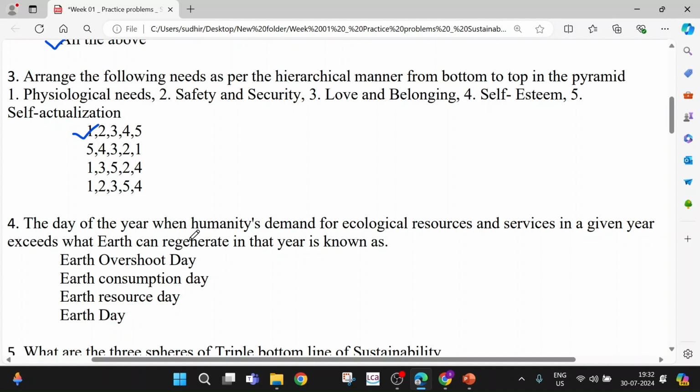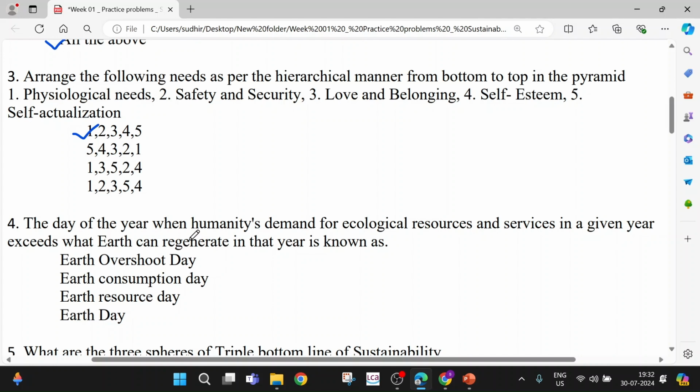The day of the year when humanity's demand for ecological resources and services in a given year exceeds what Earth can generate in that year is known as. This type of question we have already discussed, and if you have well understood the concept of Earth Overshoot Day, then you can answer this question.